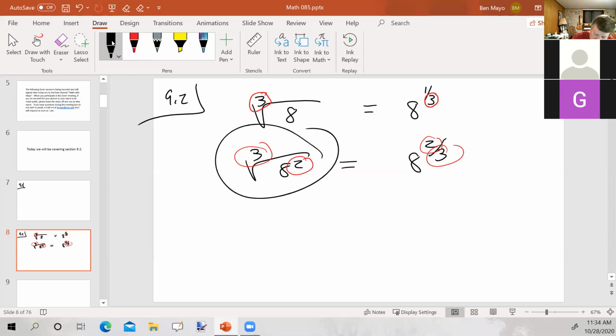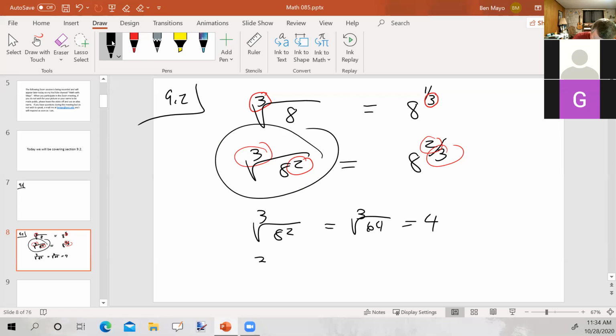Let's take this problem, the cube root of 8 squared. What is 8 squared? 64. And what is the cube root of 64? Is it 4? It is. So the cube root of 8 squared is 4.